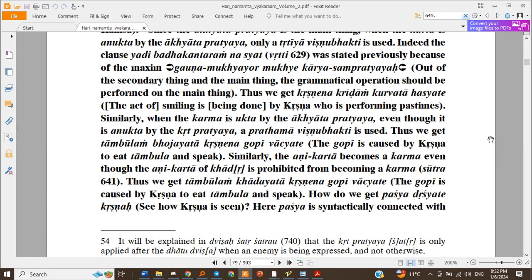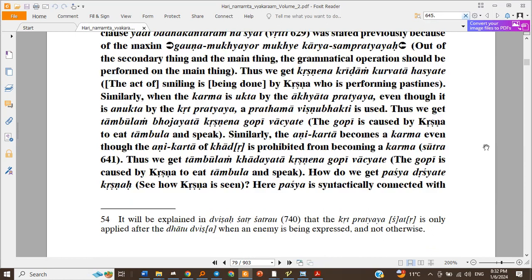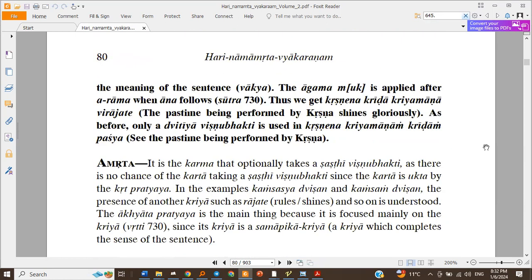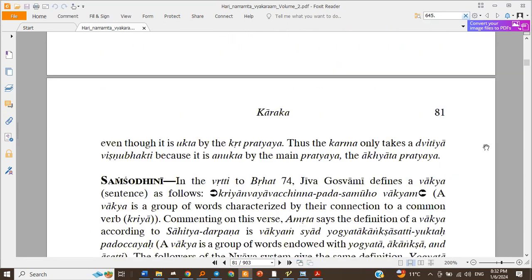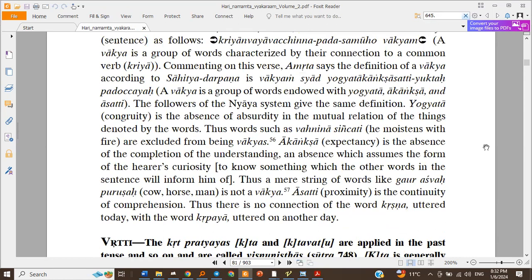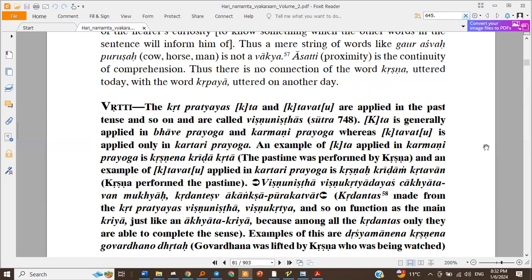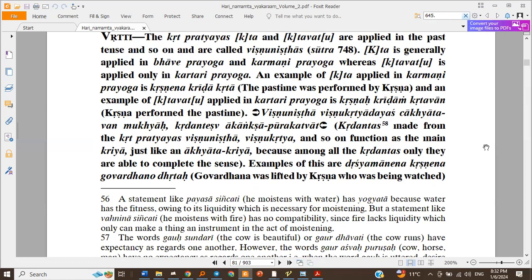No. 746 is further referring to 645. Oh, I see. Okay.